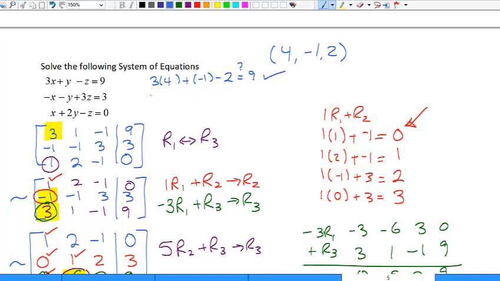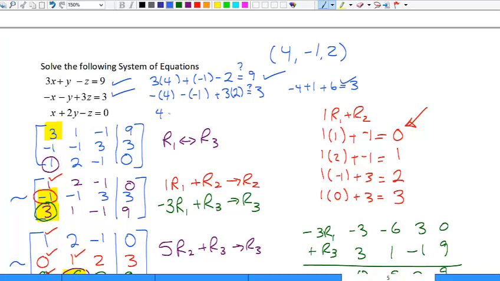It does work. Negative x minus y plus 3 times z is supposedly equal to 3. So that's negative 4 minus a negative 1 plus 3 times 2. So that's, let's see, negative 4 plus 1, that's negative 3. Negative 3 plus 6 is truly 3. So this one works as well.